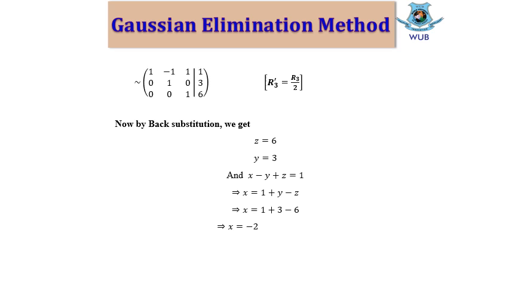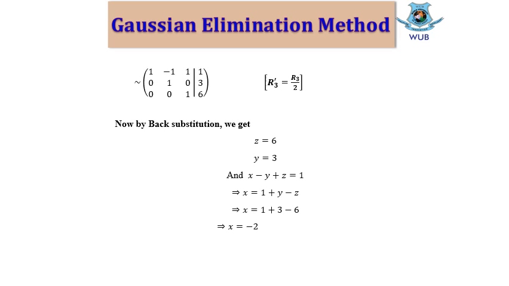From this we can say that the last row contains the value of z, so z equals 6. The second row contains the value of y, which is 3, and the first row contains the value of x. But in the first row, one diagonal value is 1, but the rest are not 0.